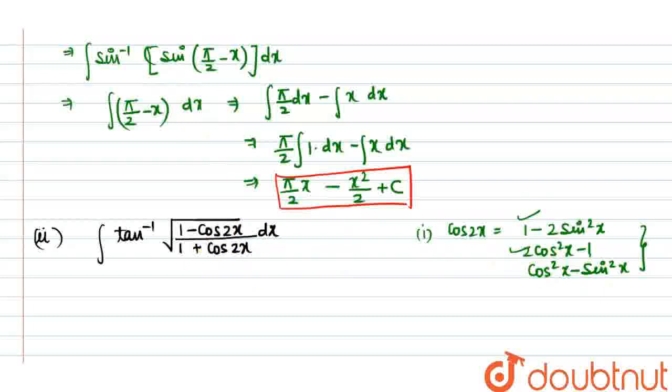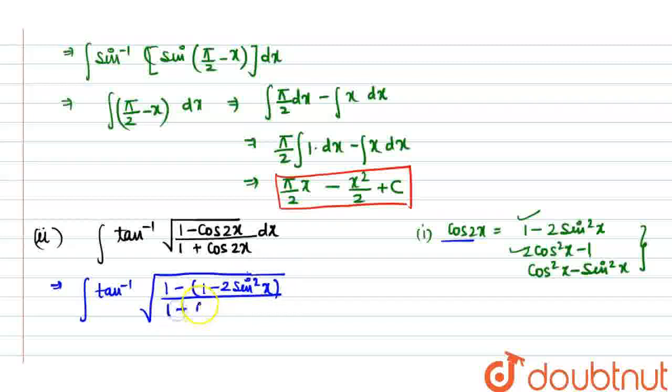Let's start the solution. So it can be written as integration of tan inverse under root, in place of 1 minus cos 2x, in place of cos 2x I replace it with 1 minus 2 sin square x, and in the denominator part 1 plus cos 2x, in place of cos 2x, 2 cos square x minus 1, dx.